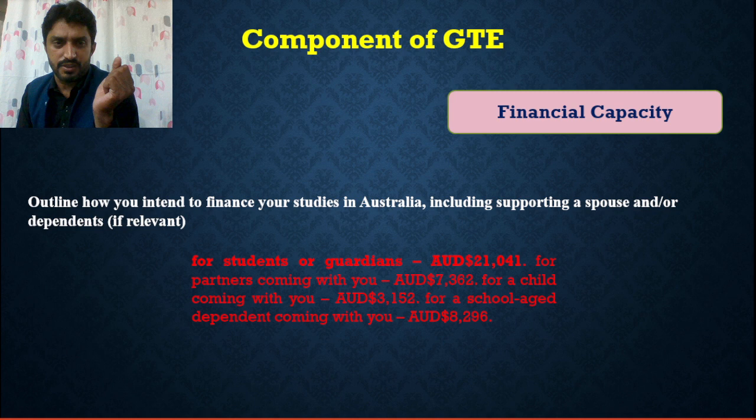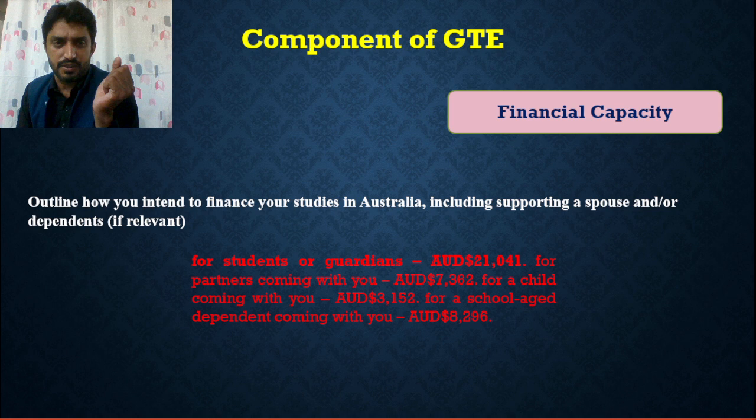For a partner coming with you, you have to add $7,362 extra, and for a child you have to add $3,152. With this amount, for a school age dependent coming with you, you have to add 8,296 Australian dollars.